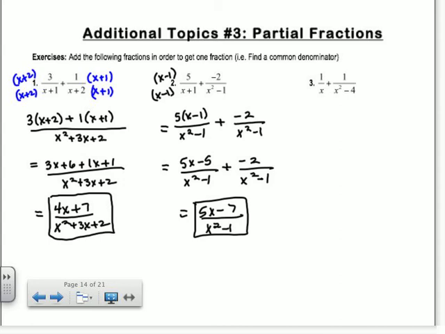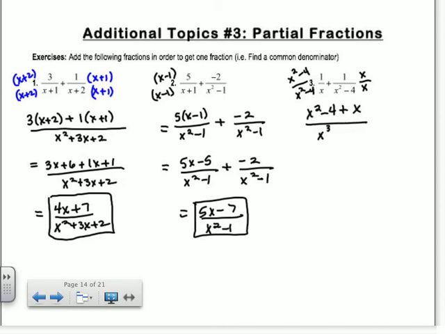Okay, next one. So I need this to be x squared minus 4 over x squared minus 4, and the other one needs to be x over x. So when I do that, I get x squared minus 4, I'm going to do a lot of this in one step, plus x all over x times x squared minus 4.